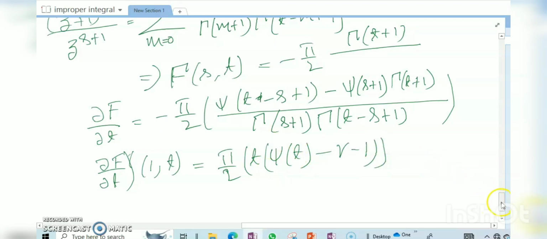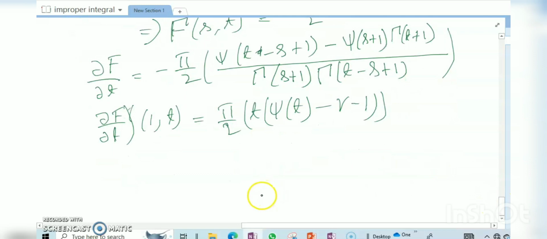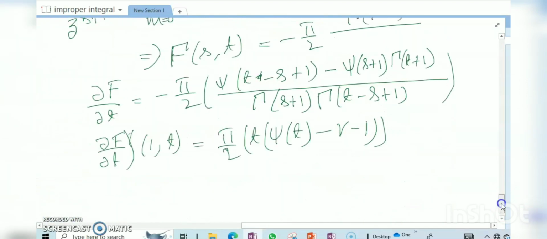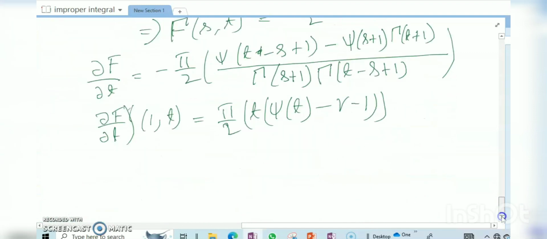Okay, so this value I get. So my omega, you see that whatever I get, this omega value, and this is the 0 to 1.